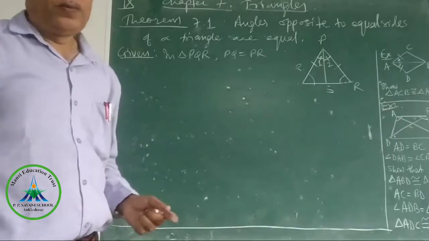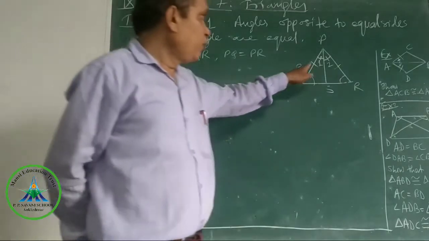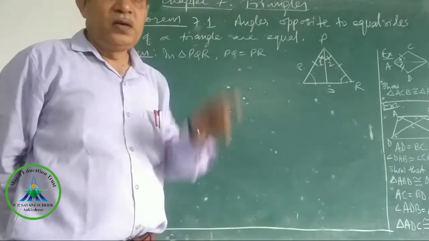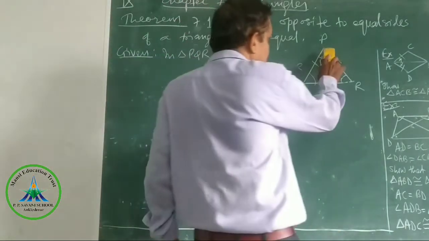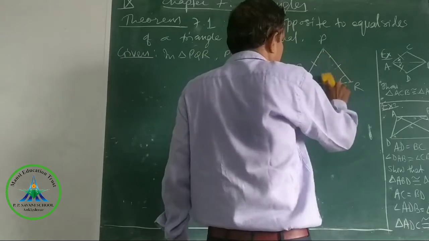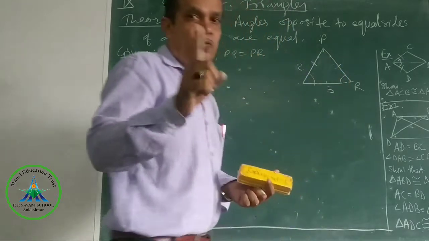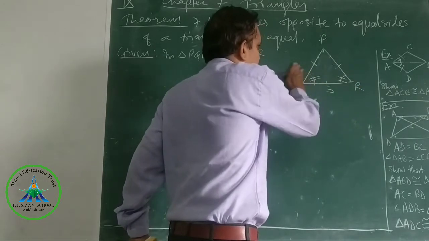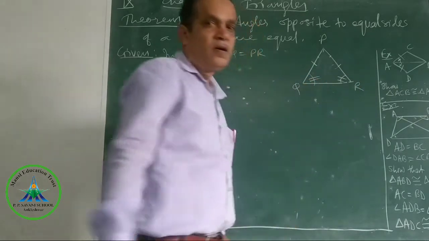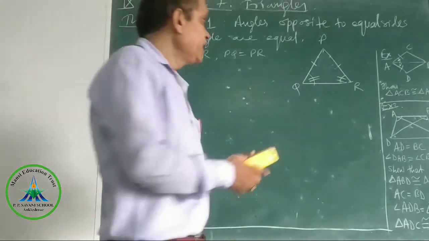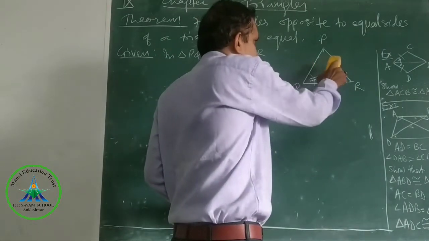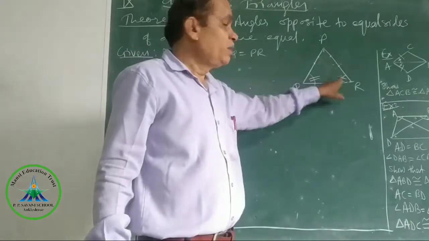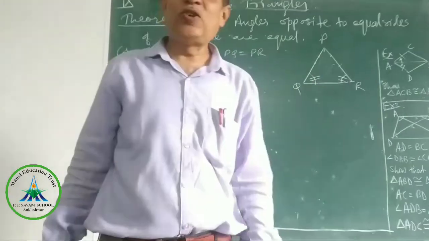Okay. Now see, students. We have proved angles opposite to equal sides are equal. Right? It means, look here. Now we proved this is equal to this. Now it means in any triangle, sides opposite to equal angles must be equal. Yes or no?